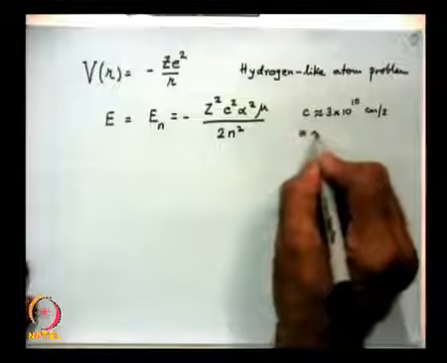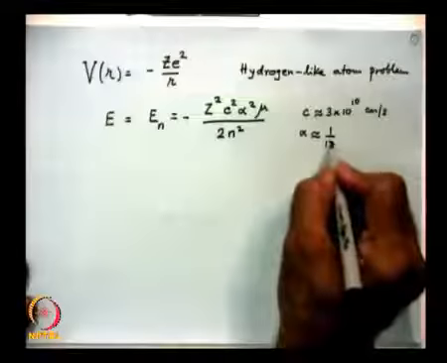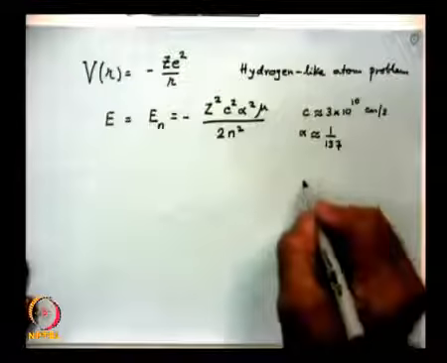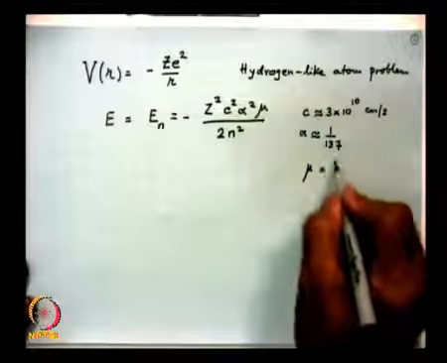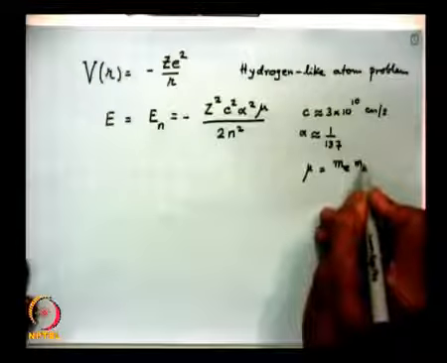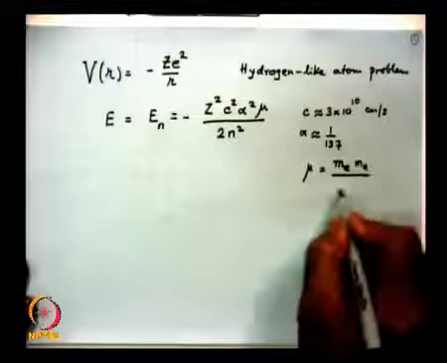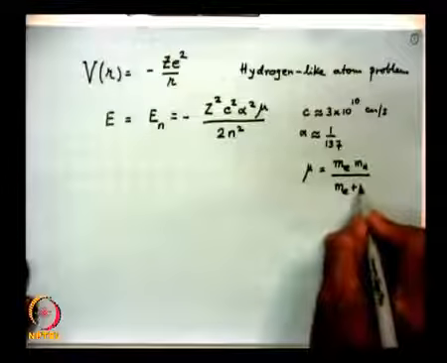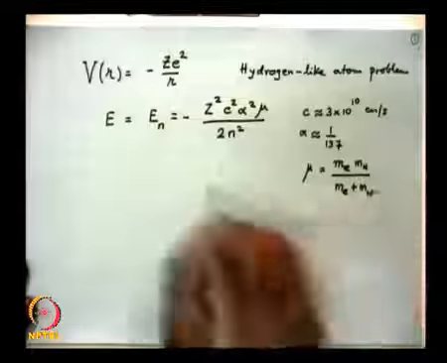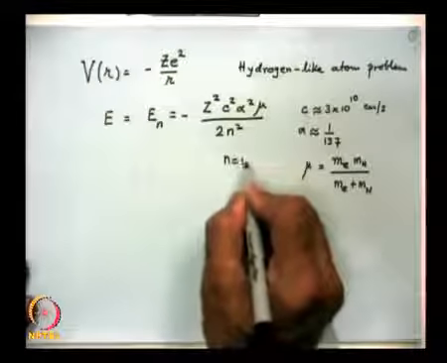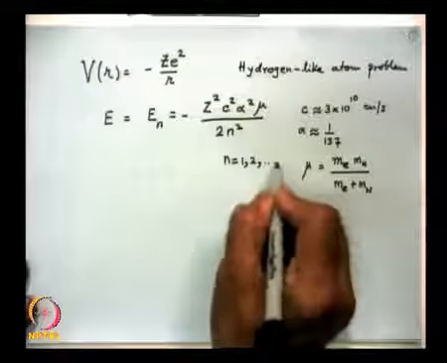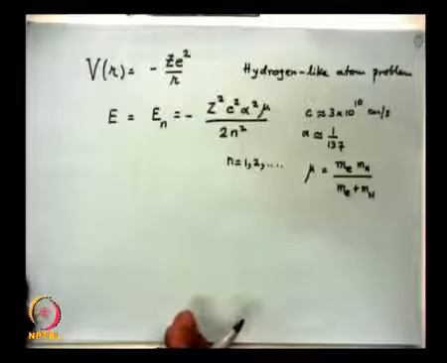Alpha is the fine structure constant, which is about 1 by 137, and mu is the reduced mass, that is M_e M_n divided by M_e plus M_n, where M_n is the mass of the nucleus, and n was the principal quantum number which can take the values 1, 2, 3, etc.